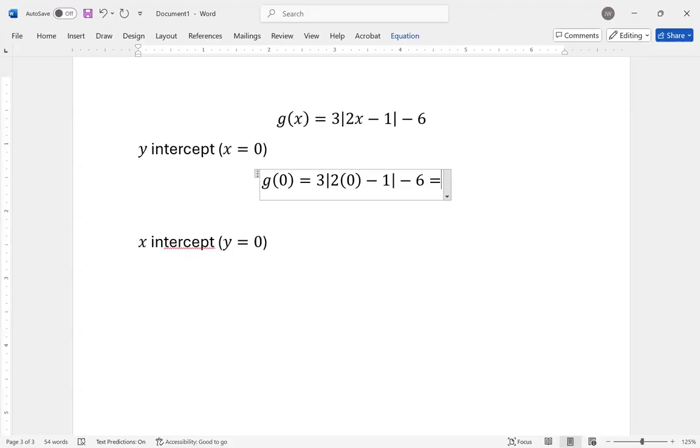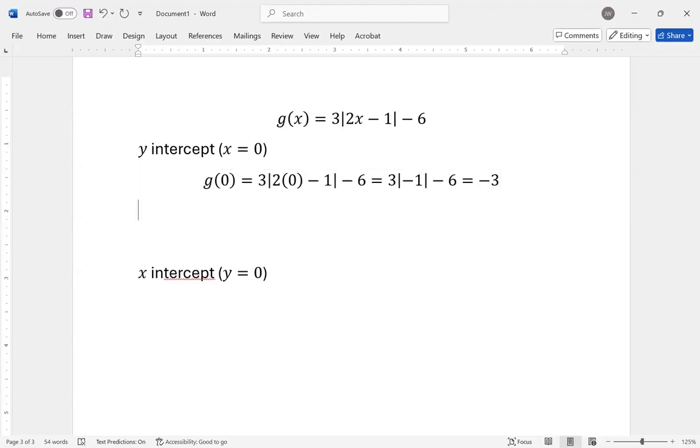When I simplify the inside, that becomes 3 times the absolute value of -1 minus 6, which is 3 times 1 minus 6, which gives you out a -3. So the y-intercept is the point 0, -3.